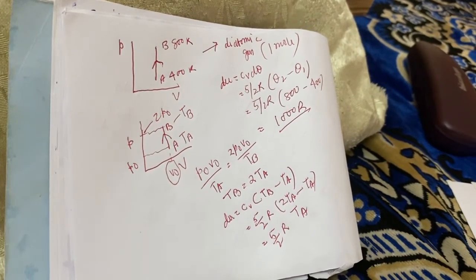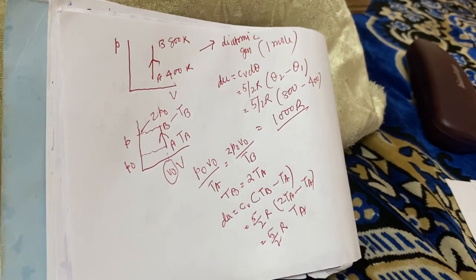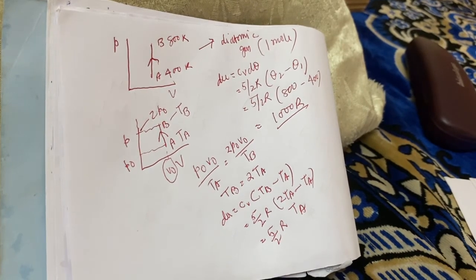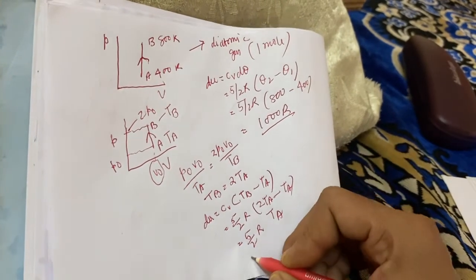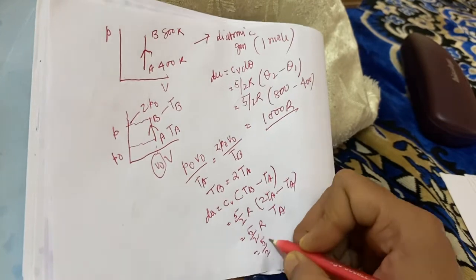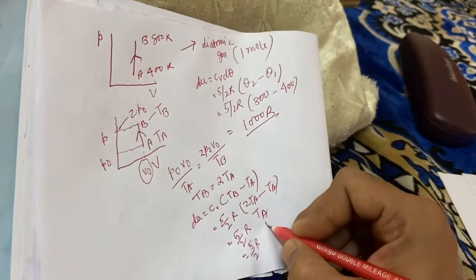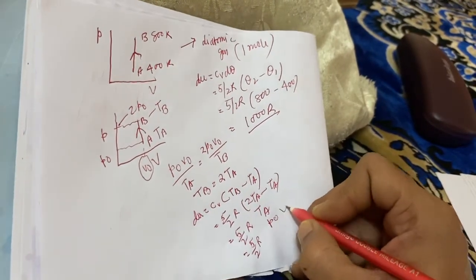This is in terms of temperature, but here the Ta is not given. So, we will write the equation 5 by 2R P0 V0.